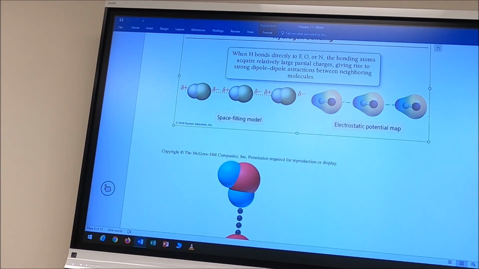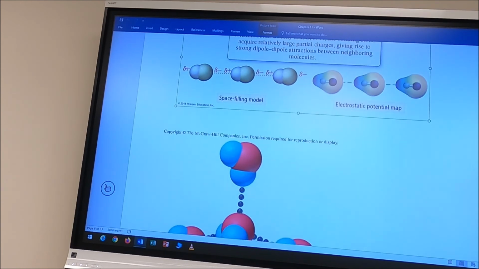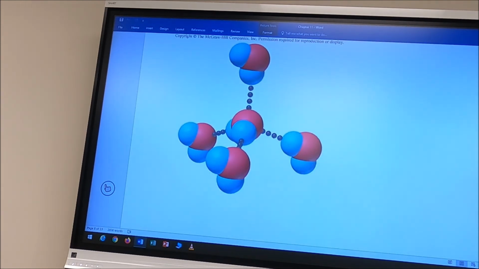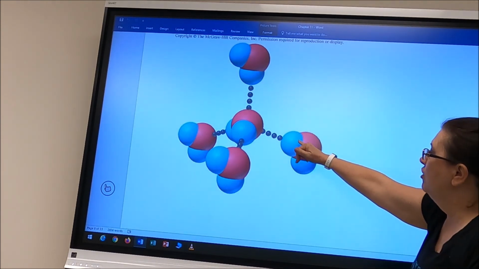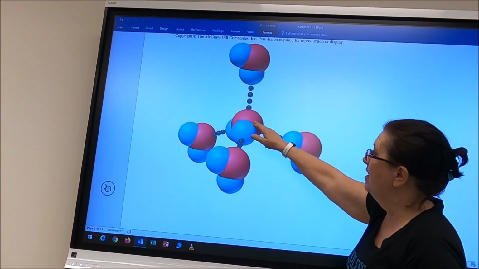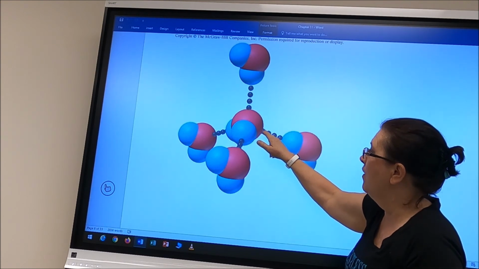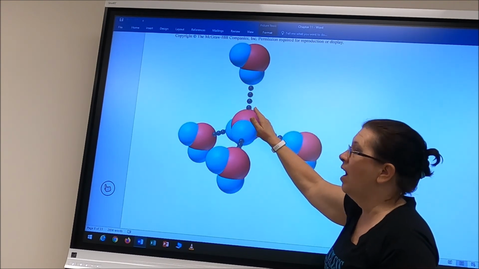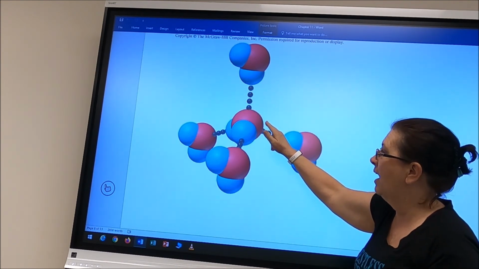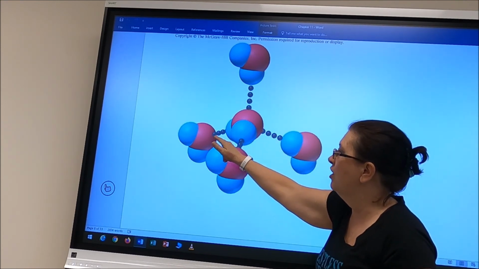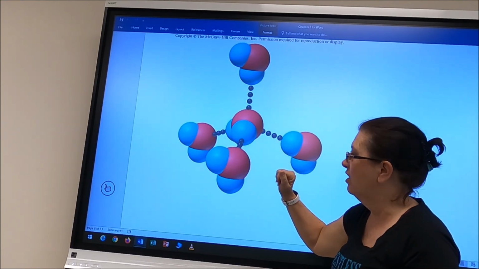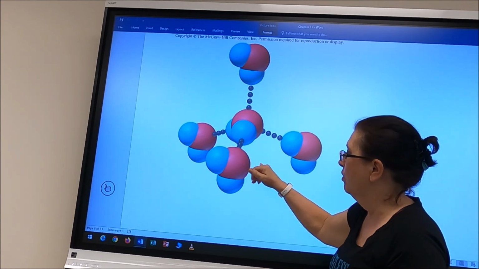Now, the next pretty picture I've got here for you is the interaction between water molecules. Water is sometimes referred to as the king of hydrogen bonding. The red is the oxygen, the blues are the hydrogens. Look at this guy. He's got 2 lone pairs on the oxygen that can hydrogen bond with hydrogens on other molecules, and it's got 2 hydrogens that can hydrogen bond with oxygens on other water molecules.